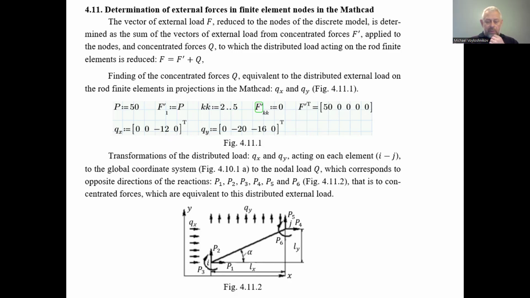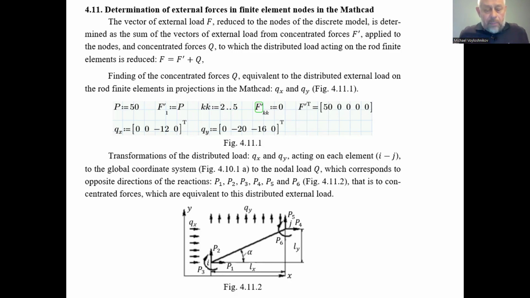The first finite element between the nodes 1 and 2, the second finite element between the nodes 2 and 3, the third finite element between the nodes 3 and 4, and the fourth finite element, the vertical stand between the hinge 3 and the fixed hinge of the support 5. So we have 4 finite elements within the considered statically indefinable frame.